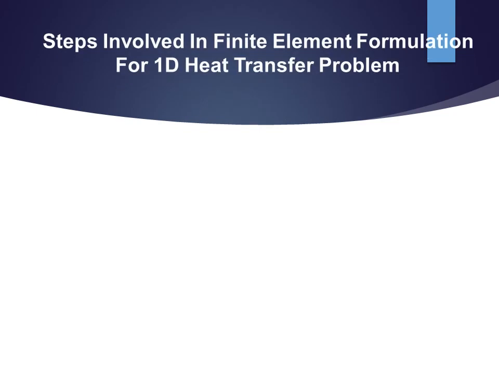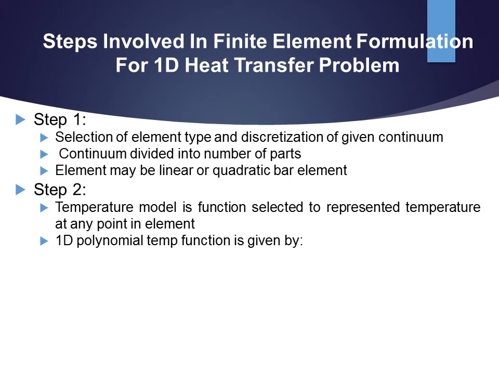Now, steps involved in a finite element formulation for the one-dimensional heat transfer problem. Your syllabus is restricted to one-dimensional heat problems. So, first step is selection of an element type and discretization of a given continuum. Continuum is divided into a number of parts, and elements may be linear or quadratic bar elements.